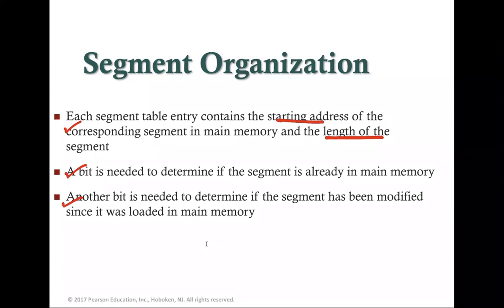Other control bits may also be present, for example protection or sharing bits. If protection and sharing are required to be managed at the segment level, then some control bits are added into the segmentation table entry for this purpose.